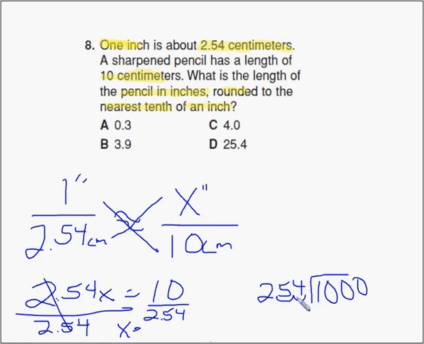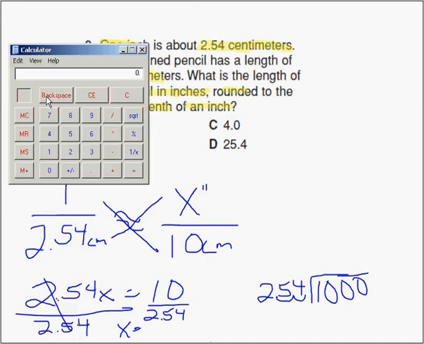So I can move the decimal over 2 places, add 2 zeros. All right, kids, don't yell at me, but I'm going to use a calculator just in the interest of saving time. 1,000 divided by 254. And that equals this huge, big old number here.